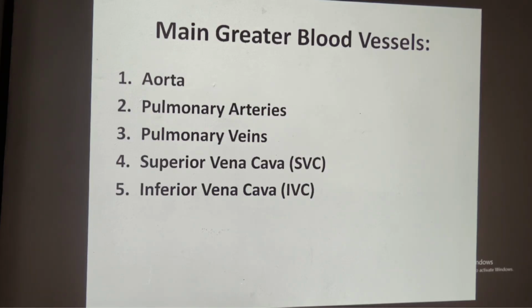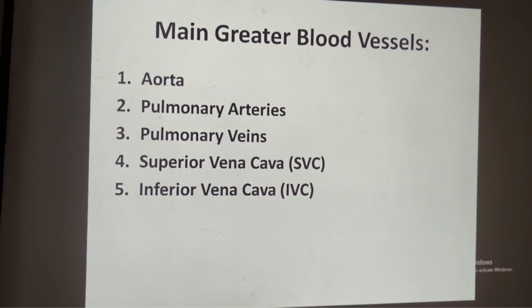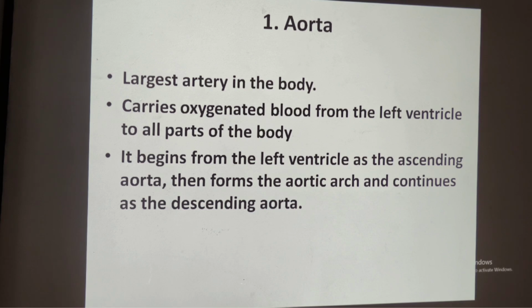Now we'll move on to the main greater blood vessels. There are five main greater blood vessels: aorta, pulmonary arteries, pulmonary veins, SVC, superior vena cava, and IVC, inferior vena cava. We'll discuss one by one. First one, aorta.